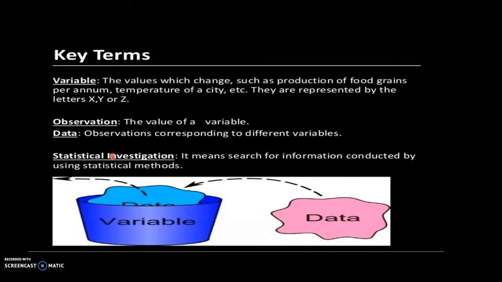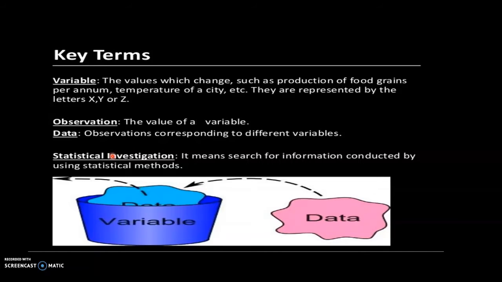Key terms of this chapter. First one, variable. The values which change, such as production of food grains per annum, temperature of a city, etc. They are represented by the letters X, Y or Z. Then observation. The value of a variable is known as observation.